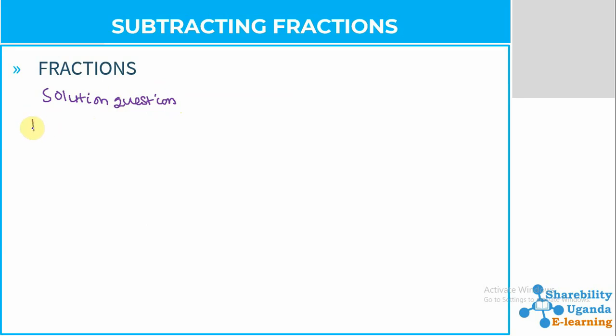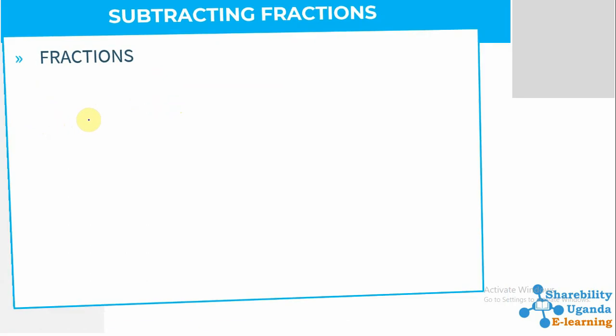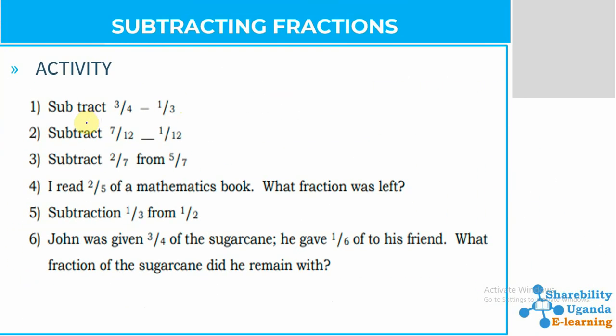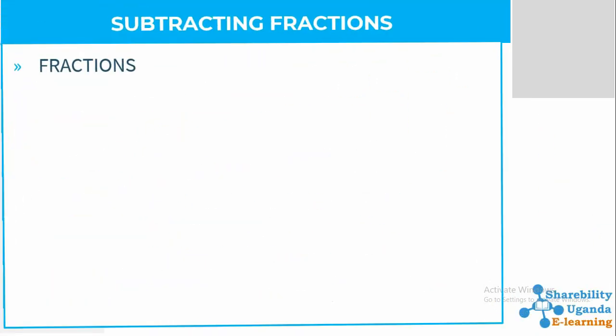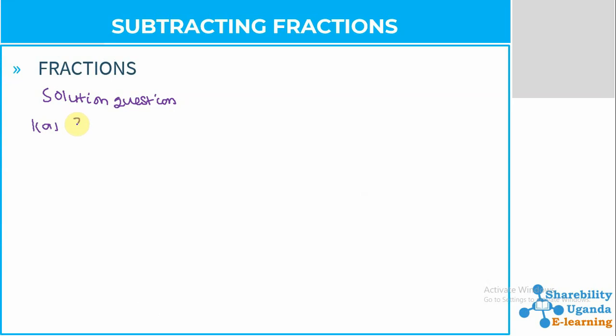Question 1, part A. Our part A is 3 out of 4 minus 1 out of 3. We look for the common multiple that can divide the 3 and the 4.